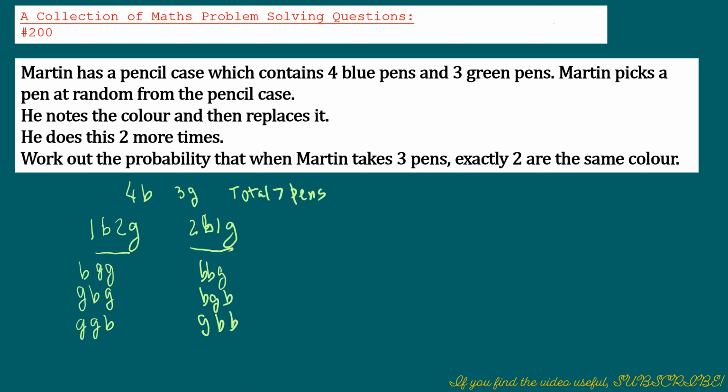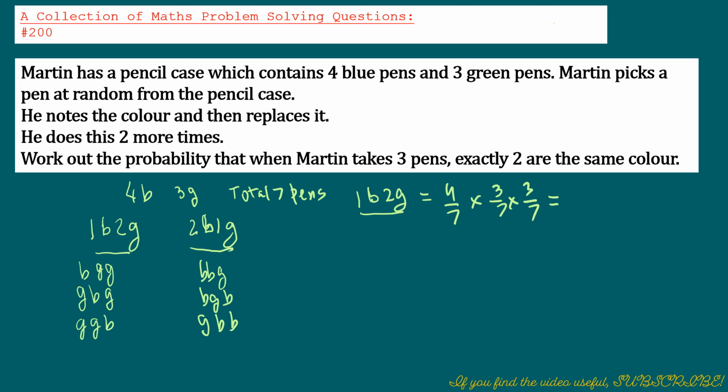So if we now think of how to do 1 blue and 2 green, blue is 4 out of 7, multiplied by 2 greens, so the next picks will be 3 out of 7 times 3 out of 7.